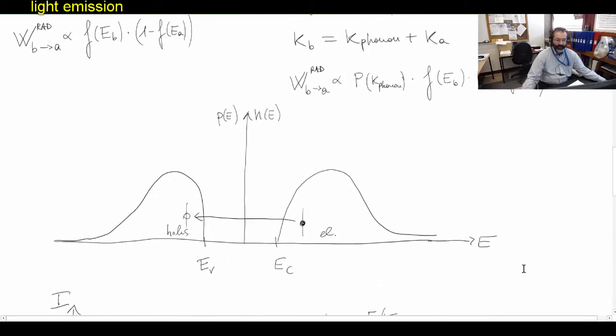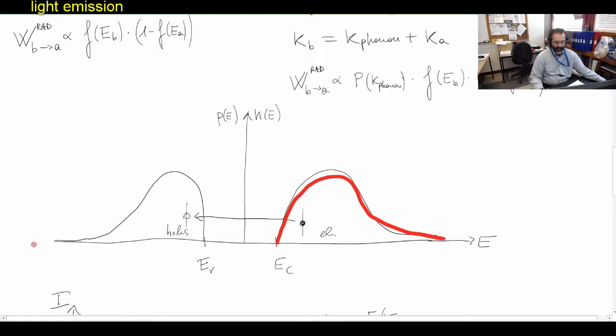We can get some help from something we've already done last week. If you remember, last week we realized that in a semiconductor the electrons and the holes have a very peculiar distribution in energy, represented by these curves that I've drawn here. You remember these kinds of shapes.